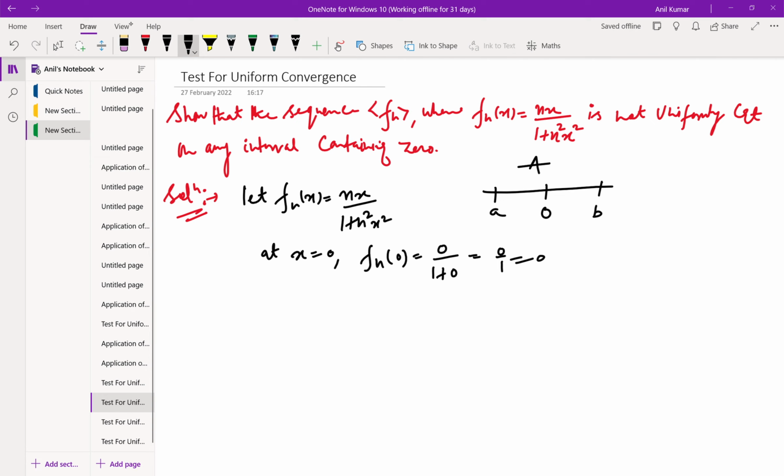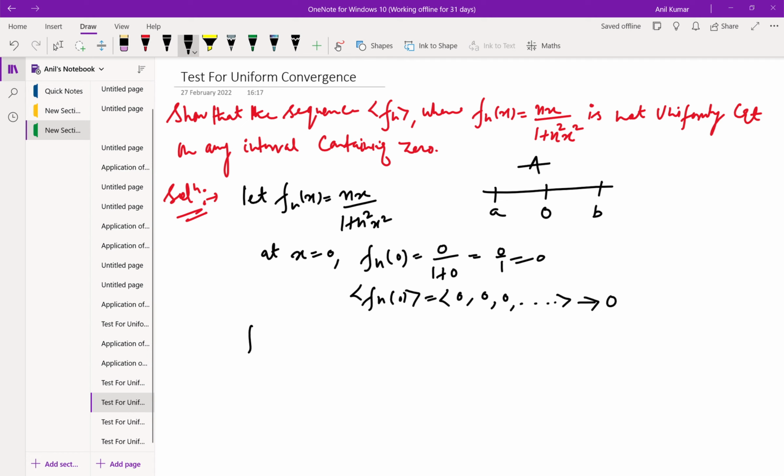So we are getting a 0 sequence and this is a convergent sequence, है ना? तो sequence क्या है हमारे पास? f_n at 0, this will be your f_1 at 0, तो f_1 at 0 will be 0, 2 रखो यहाँ पे 0 मिलेगा, 3 रखो, f_3 is also 0, so 0, 0, 0, 0, and this is a convergent sequence and it converges to the number 0. So limit f_n at 0 is 0.